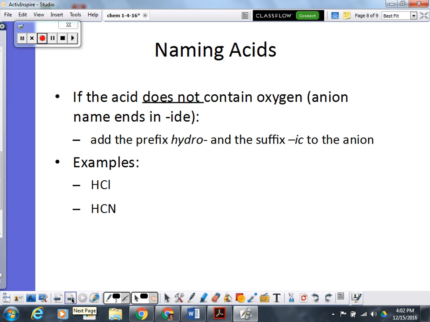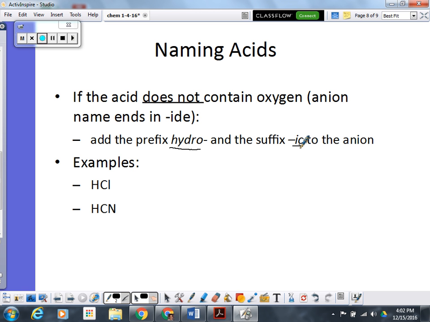So when we go to name acids, if the acid does not contain oxygen, which means if you were just to name the negative ion by itself, the name would end in IDE. We add a prefix, hydro, and a suffix, ic, to the anion. We do not use the word hydrogen, and then we use the word acid at the end. So we never use the word hydrogen in the name of an acid.